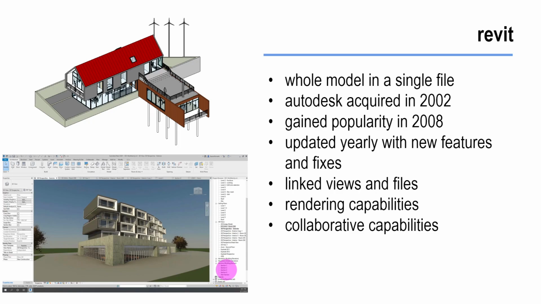So if I make a change in my floor plan, that change gets made in my elevation as well, or if it's something that would appear in a section, it would get changed in there too. So we have this ability to design a little bit more freely without having to worry about making any of the updates to it.